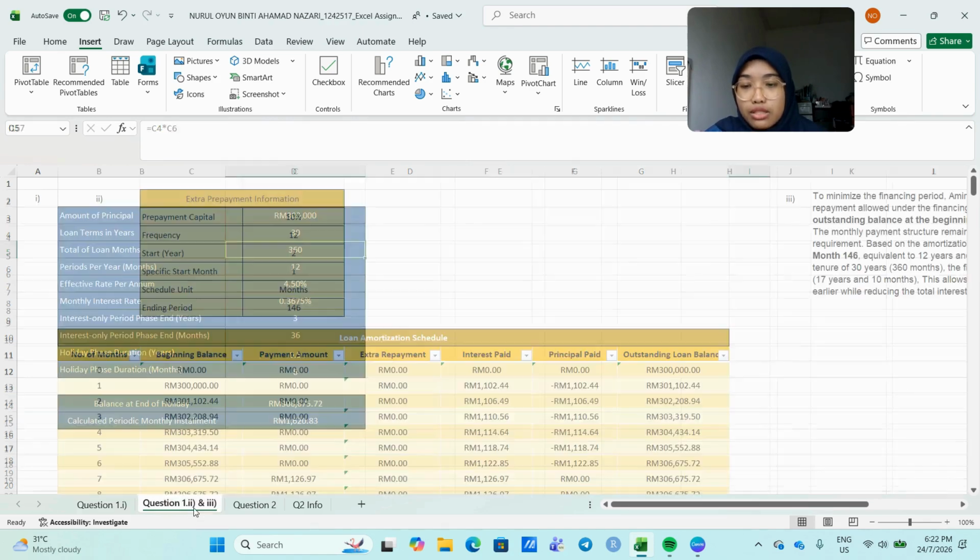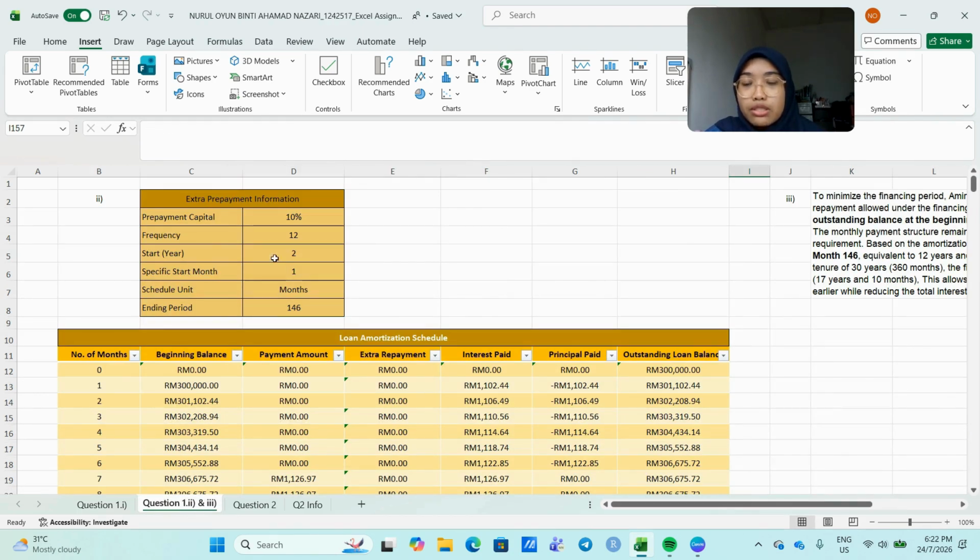Next, the second one is to construct the loan amortization schedule to show the financing arrangement. The question gives the extra repayment capped at 10%, with a frequency of 12 months, every month starting year 2 for extra repayment, and the specific start month is the first month.